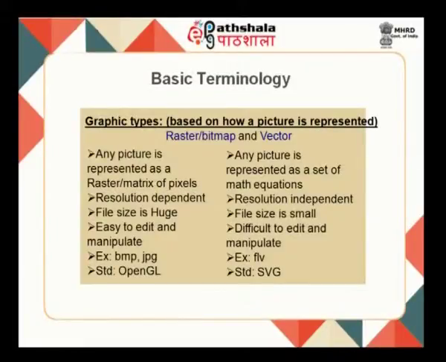So, if you see a picture or an image on your screen, it is made up of either a raster graphic or a vector graphic. How are they different? Let us try to understand the difference. A raster is basically a rectangular array of pixels, which is a matrix of pixels, that is how a raster is represented, and it is resolution dependent.